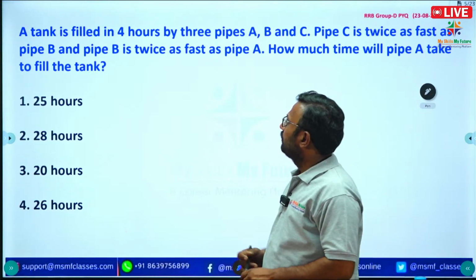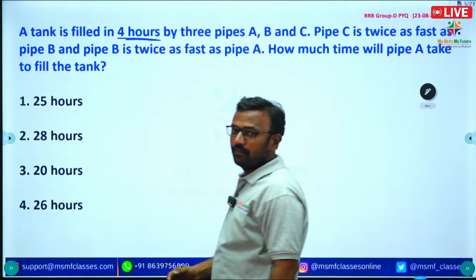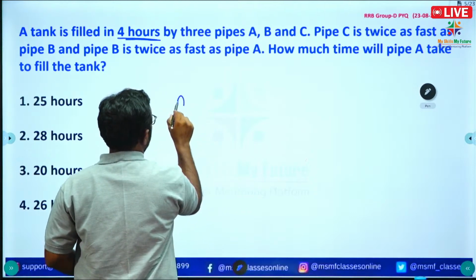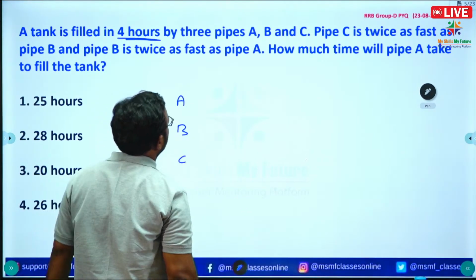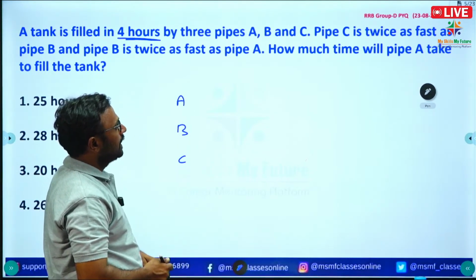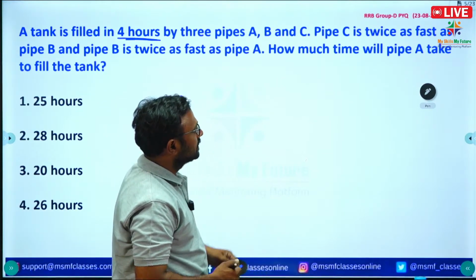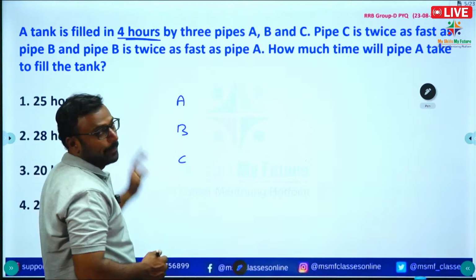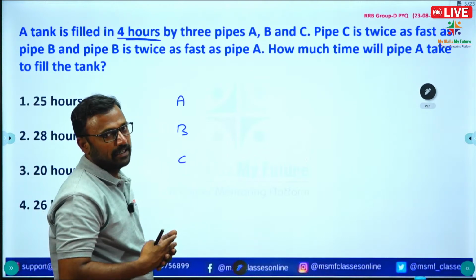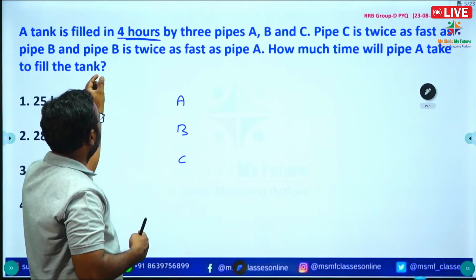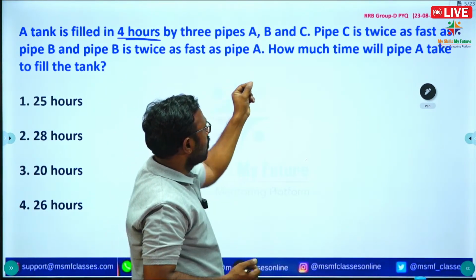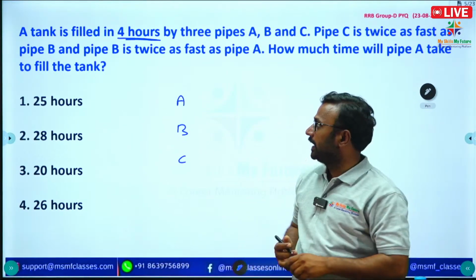A tank is filled in 4 hours by 3 pipes A, B and C. Pipe C is twice as fast as pipe B, and pipe B is twice as fast as pipe A. So, how much time will pipe A take to fill the tank?